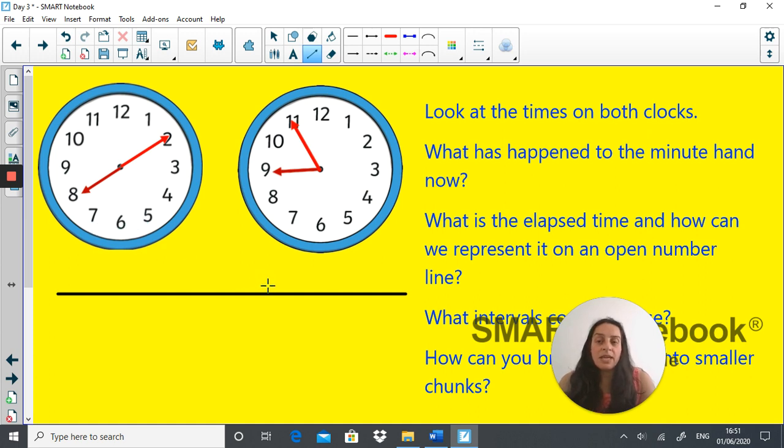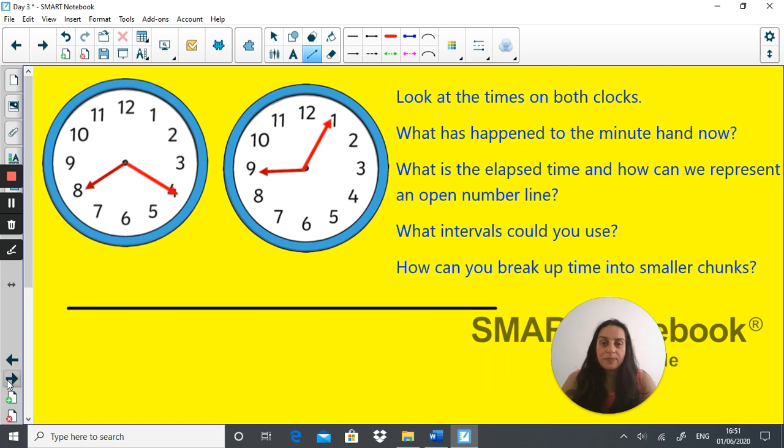The next time would be 8:40, and finally 5, 10, 15. The final time would be, as it is on this clock, 8:55. So hopefully this time around you understood that a bit better, were able to apply it. So well done, working really hard, good job.